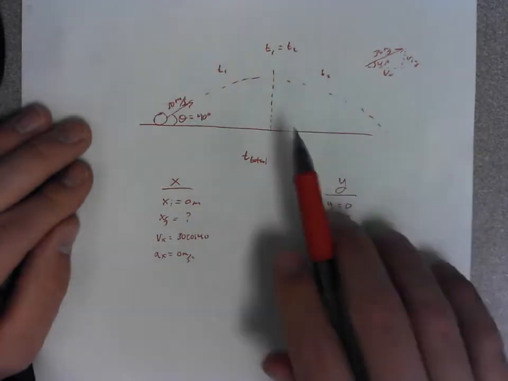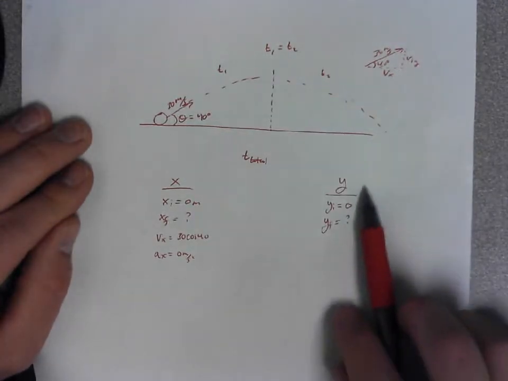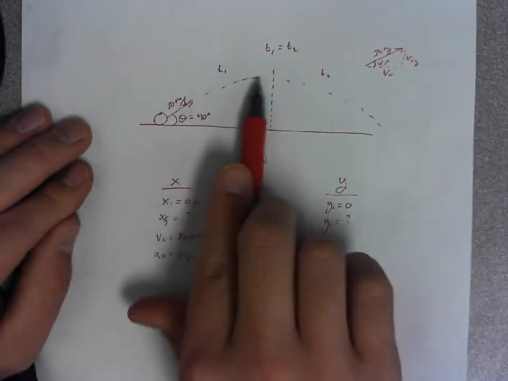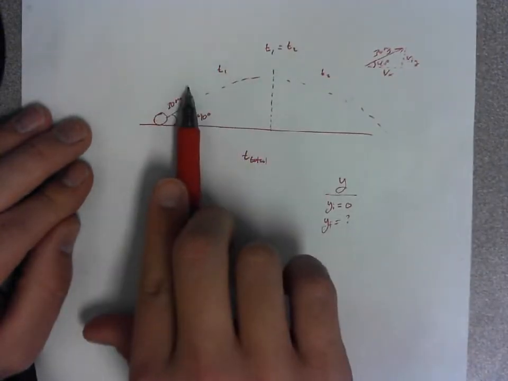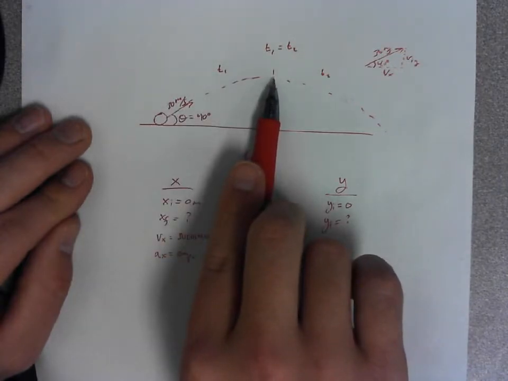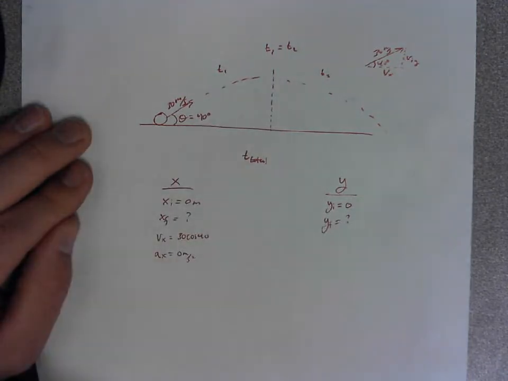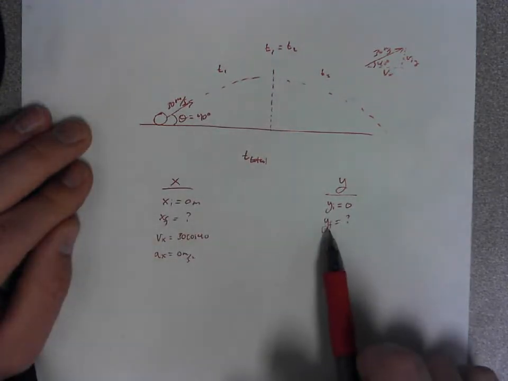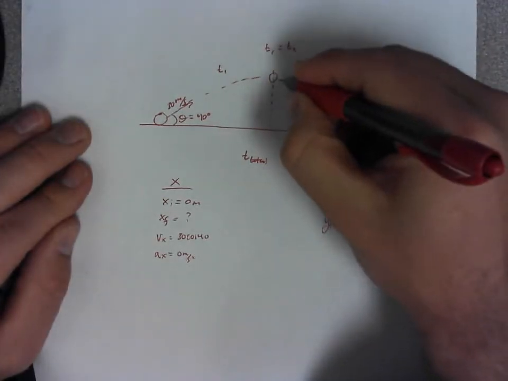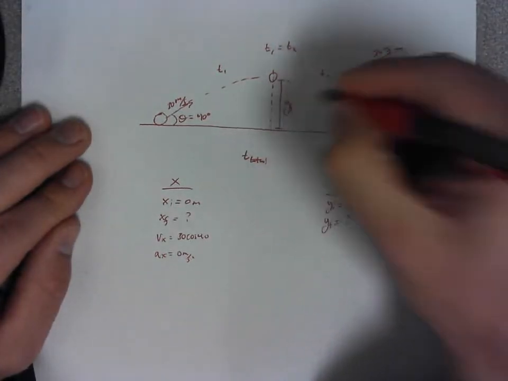Now when I write out these, I'm going to approach just this left side. Because if I can find out how long it takes to get just to the top of the arc, then I can just multiply that value by 2 and get my T total. So that's why I say I don't know what my y final is, because I don't know that height there.